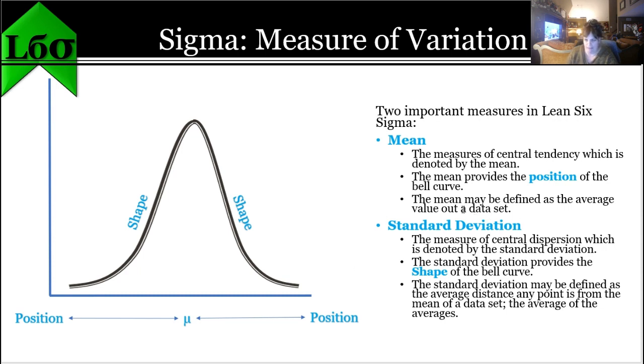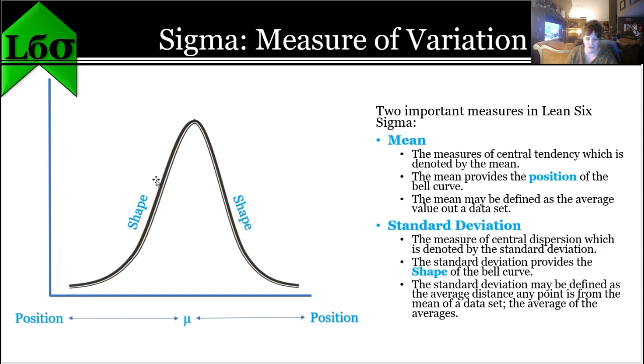So the mean may be defined as the average value out of a data set, whereas the standard deviation is the measure of dispersion. The standard deviation provides the shape: how fat or how thin this is, how high the peak is. Here, the shape is going to be really tight because all the data is hugged together in the middle near the mean.